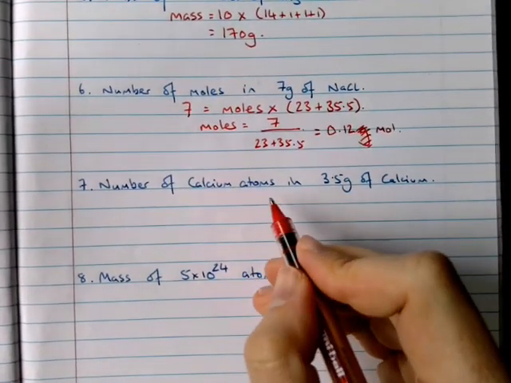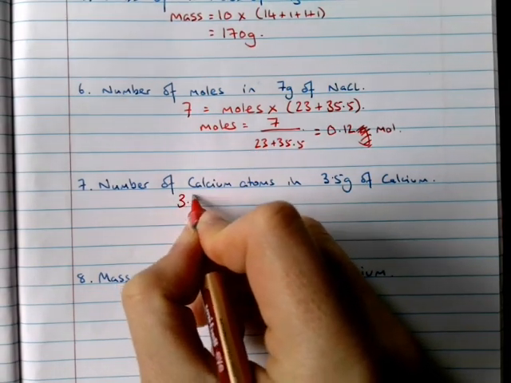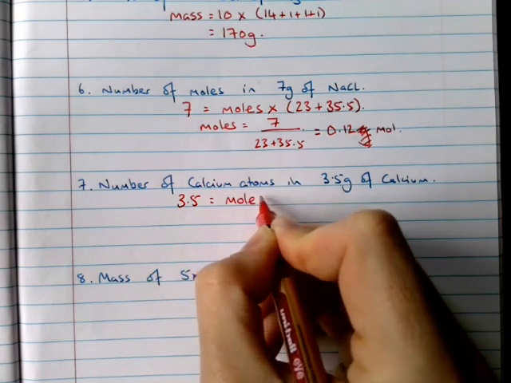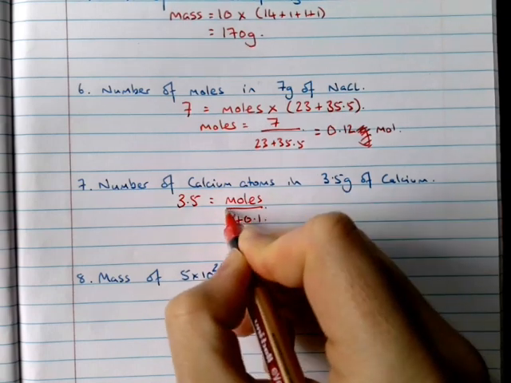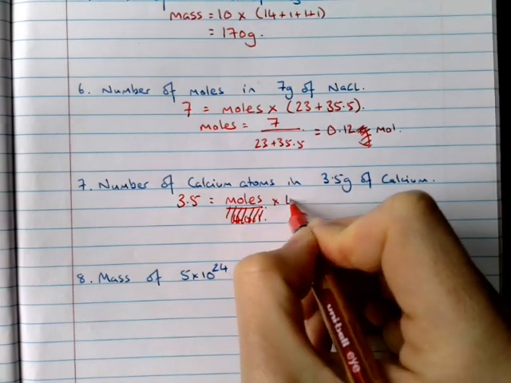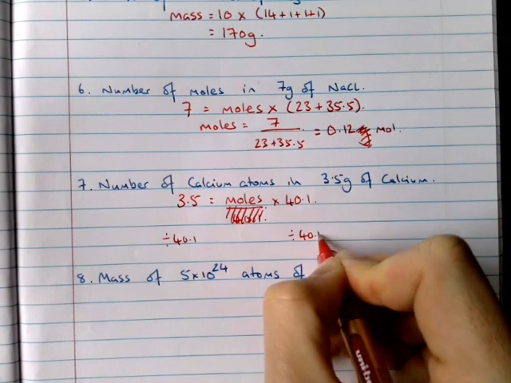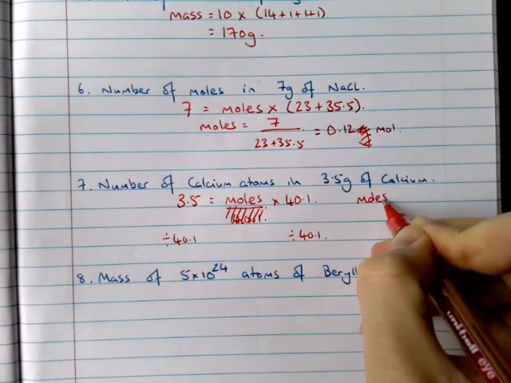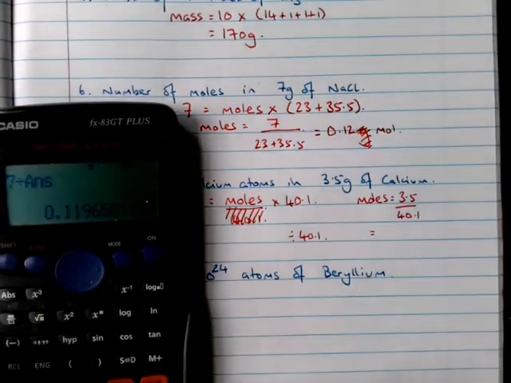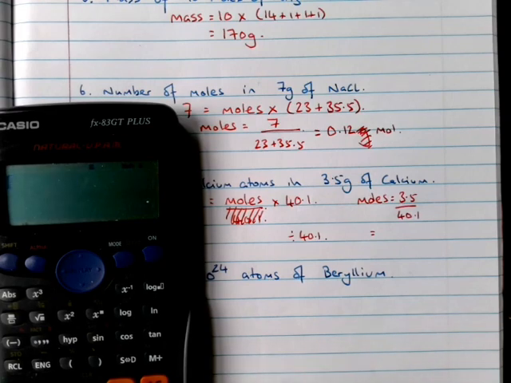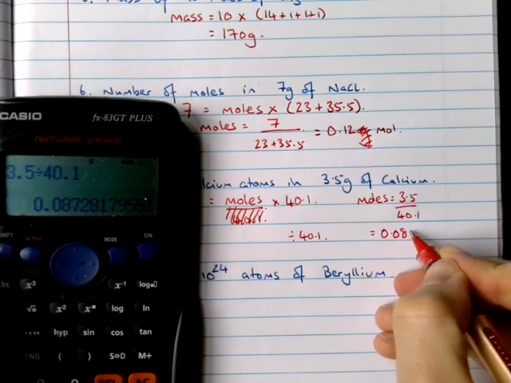The number of calcium atoms in 3.5 grams of calcium. For this one, you need to work out the number of moles first. So it's going to be 3.5 equals moles times 40.1. Now I divide by 40.1, and I get my moles equals 3.5 divided by 40.1, which is 0.087.